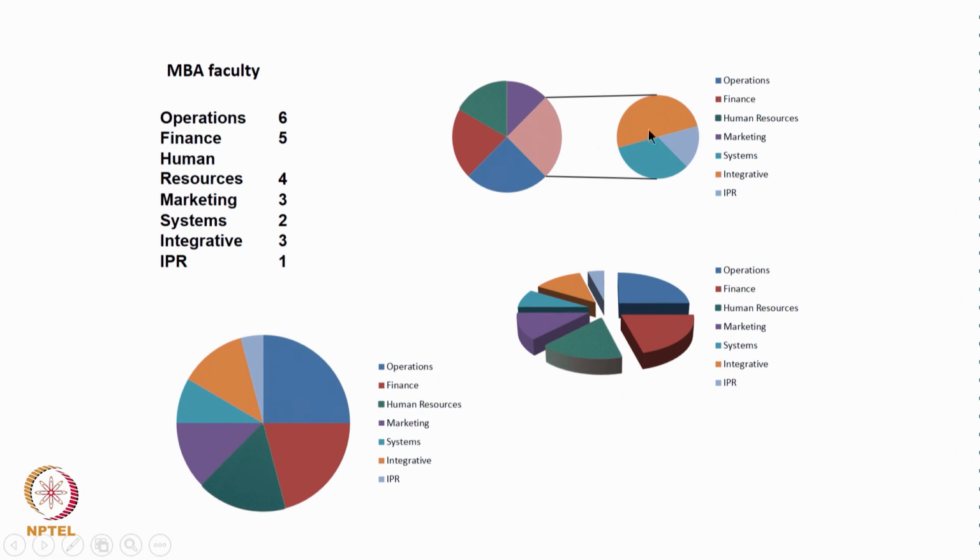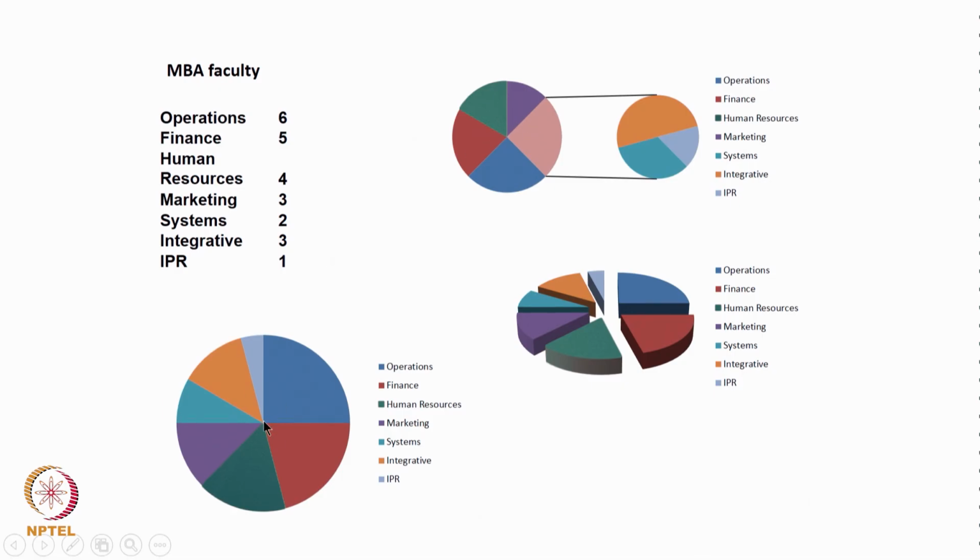Sometimes we have seen people represent it this way. Now, what do we do here? The same data is presented here, except that you will realize that the last 3 are combined into one small pie or wedge, which is further expanded to these. At times when we want to group or aggregate data to make the pie look nice, you can see that this pie looks very nice compared to this pie.